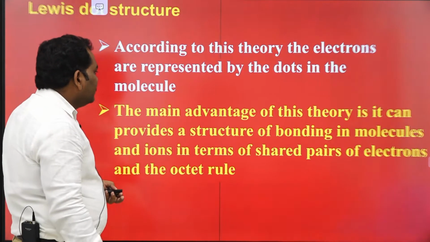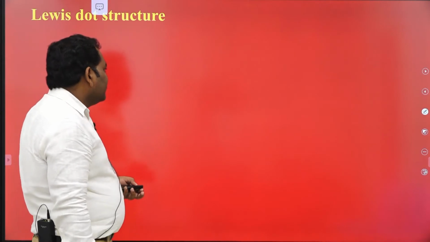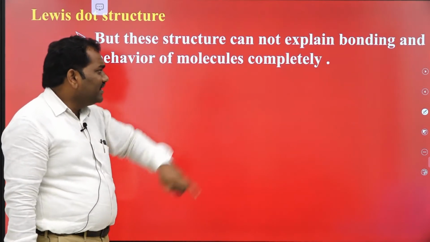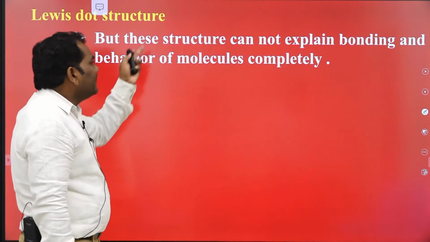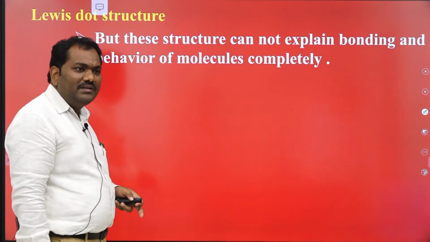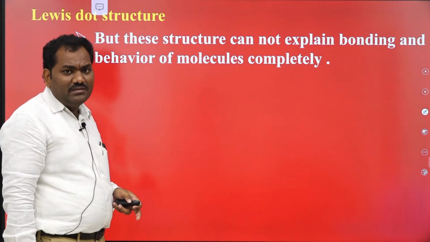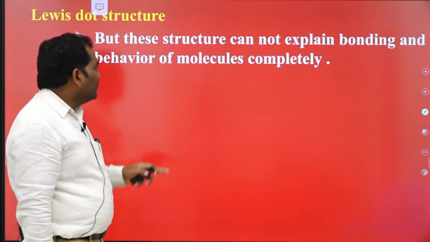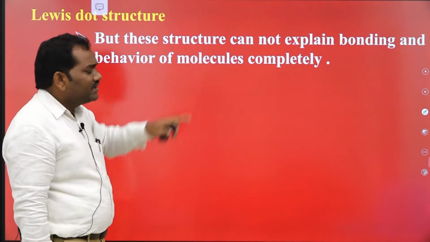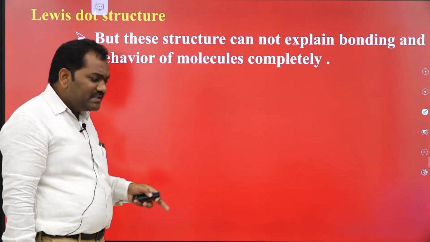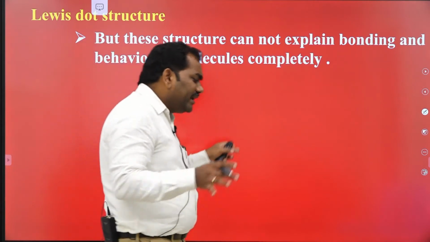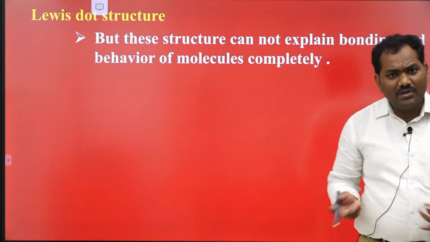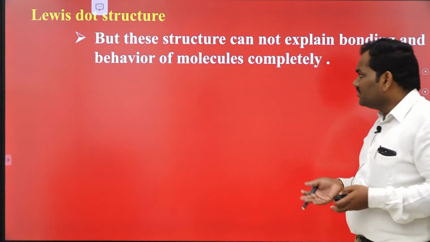The next point is that these structures cannot completely explain the bonding and behavior of molecules. It means how molecules behave, like ionic compounds, why some molecules behave as polar compounds and some as non-polar compounds.